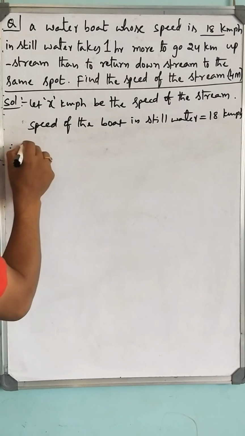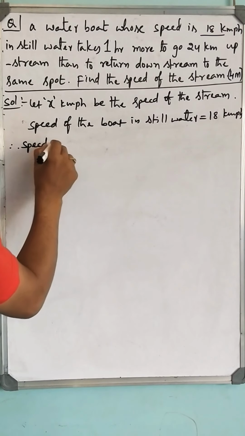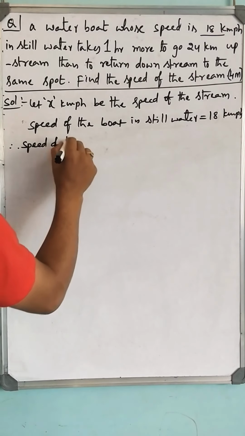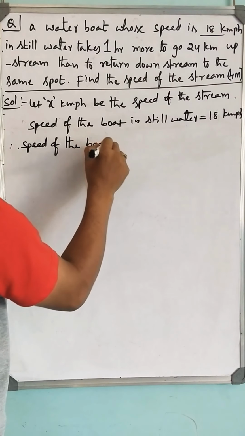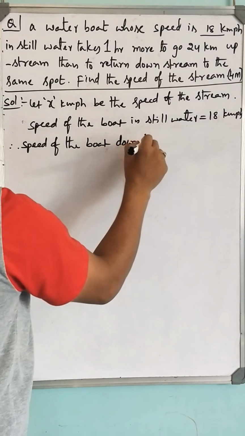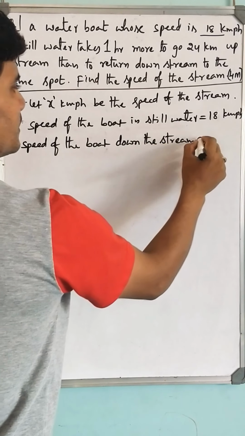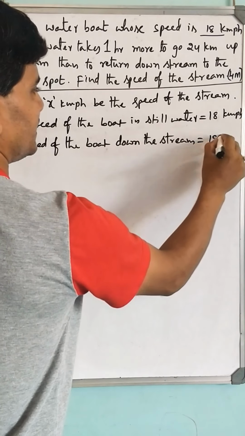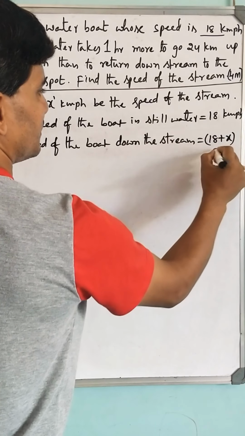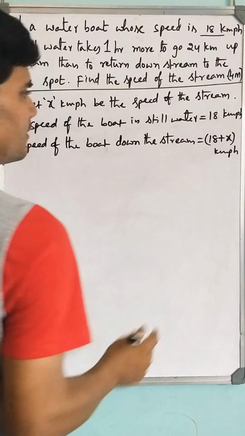Therefore, speed of the boat down the stream becomes 18 plus x kilometer per hour.